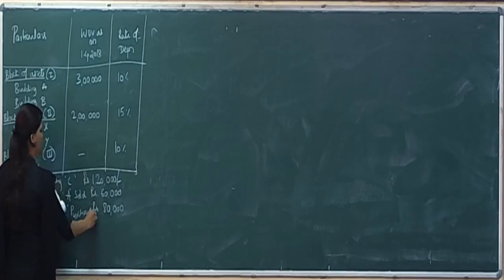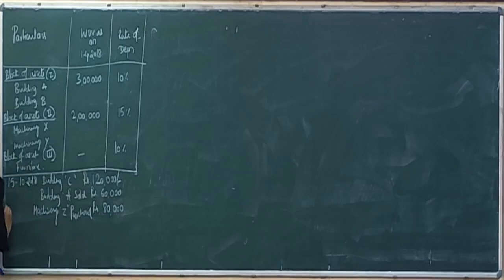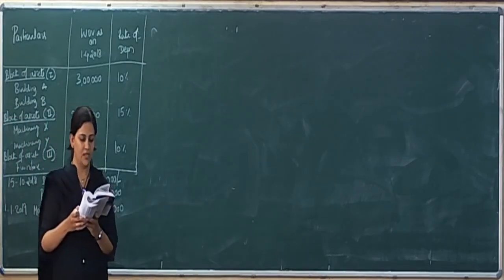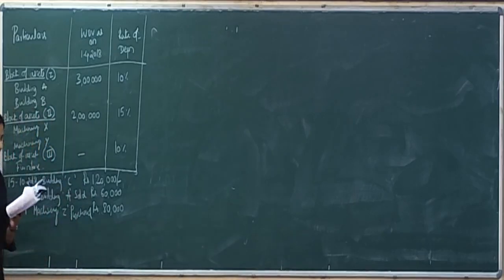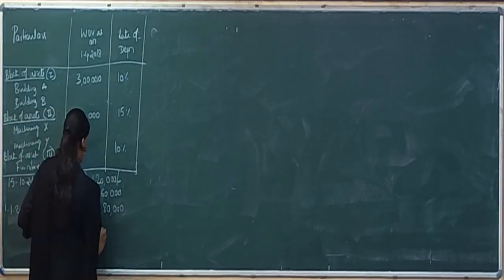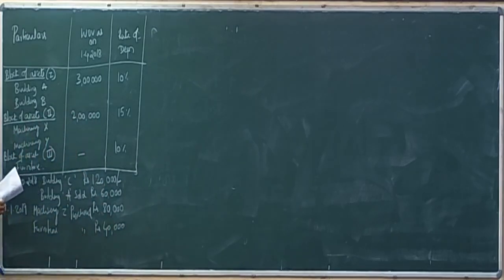In addition, furniture of the third block of asset was acquired and put to use on 1st February 2019 for rupees 40,000.